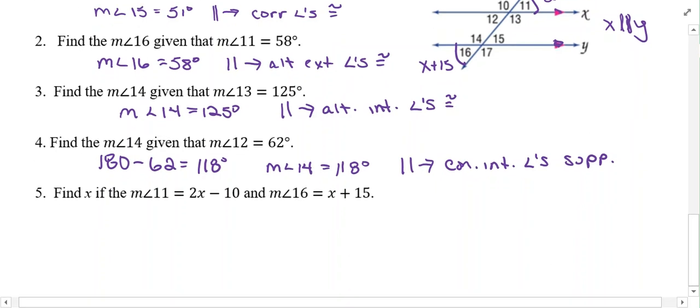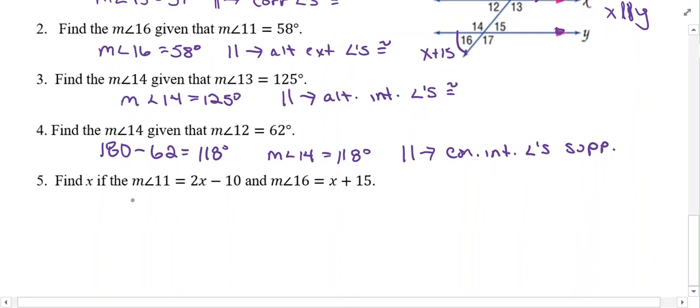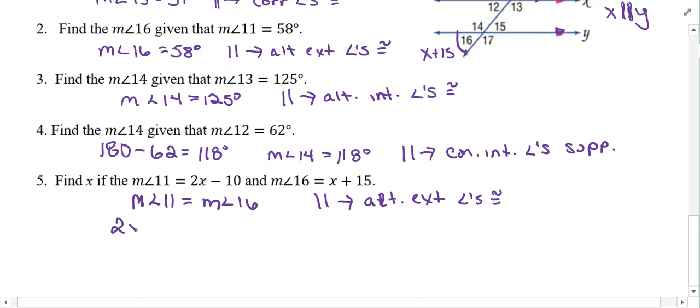So for this one, we know that measure of angle 11 equals measure of angle 16. Parallel gives us that alternate exterior angles congruent. So we have 2x minus 10 equals x plus 15.